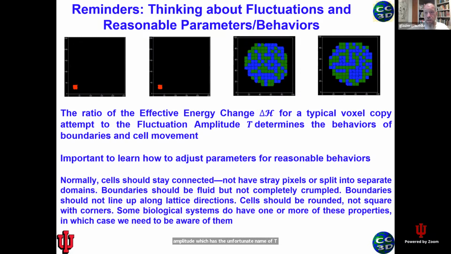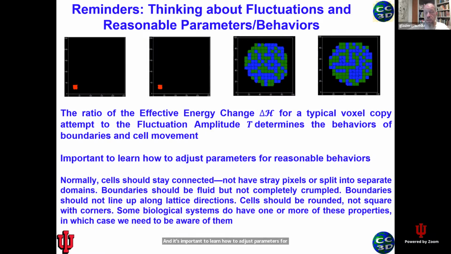Only a physicist would name it that. It represents, again, cytoskeletal fluctuations. It's not a true temperature. The ratio of those forces, or the ratio of those energies, determines how fast things move. And it's important to learn how to adjust parameters for reasonable behaviors.